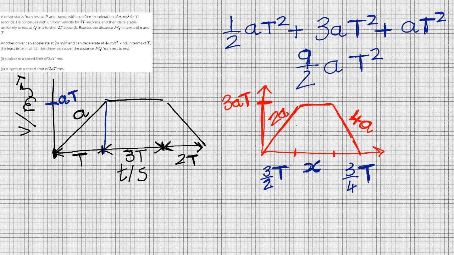And we know the total area needs to be 9 over 2 at squared. So if we just do a little bit of algebra, 3 over 2t plus 3 over 4t, that's 6 over 4 plus 3 over 4, that's 9 over 4. Oh, sorry, what am I doing? Half the base by the height.